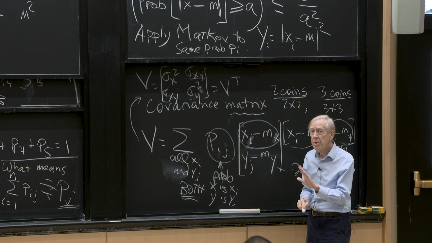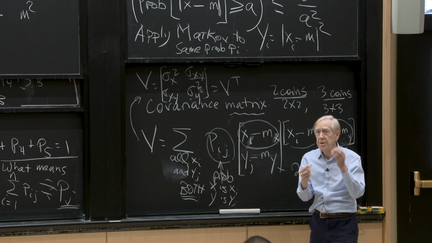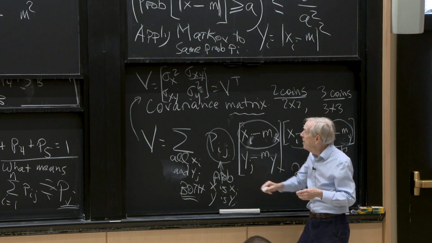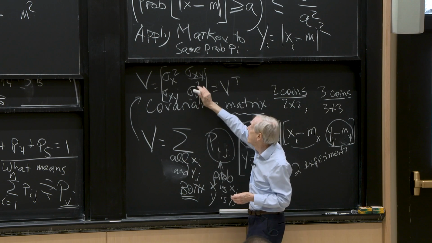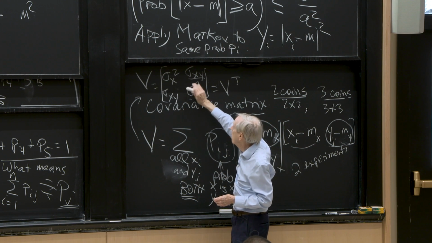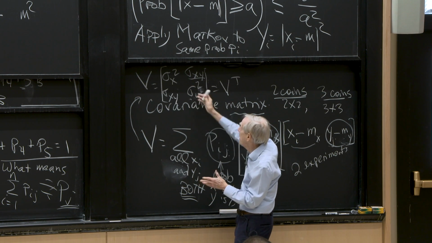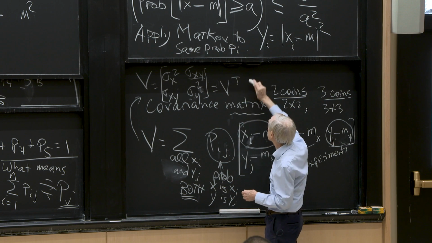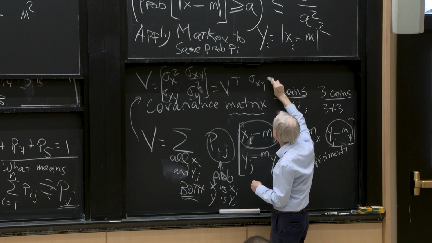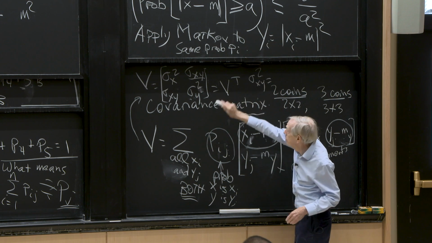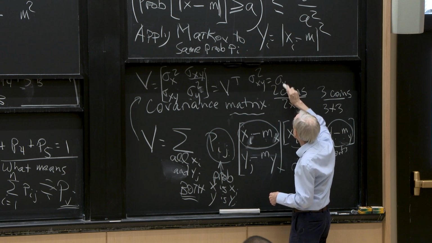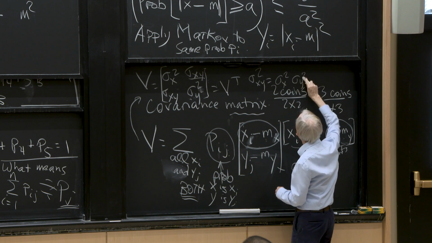If the two coins are glued together, well, let me just say, because time is up, this matrix will be singular. If the two coins were glued together, the determinant would be 0 here. The sigma xy in the glued case squared would be the same as sigma x squared times sigma y squared.